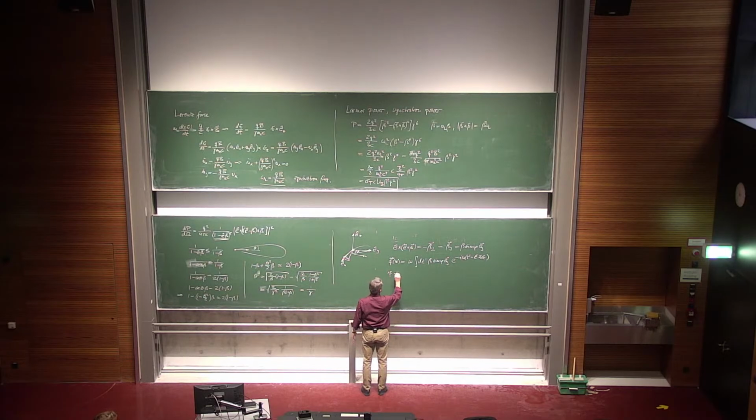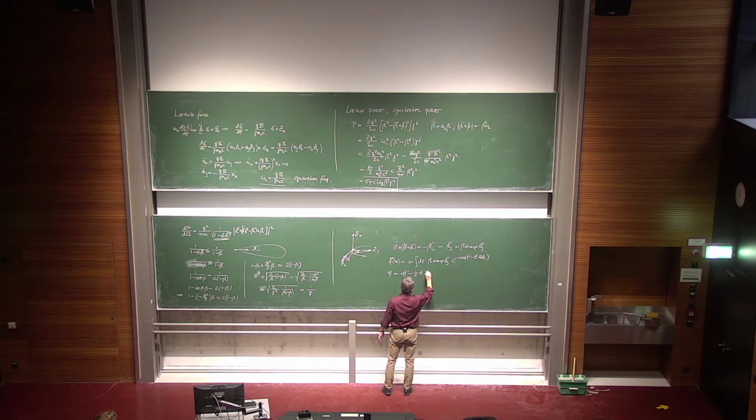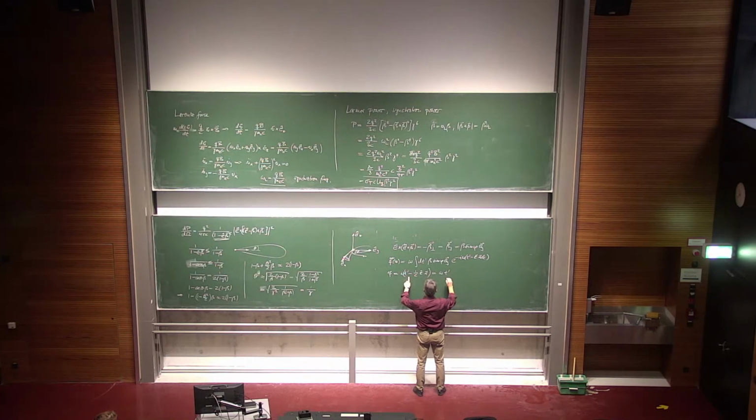So let's have a look at the Fourier phase psi. The Fourier phase psi is omega times t prime minus 1 over c e times x. So this is omega t prime minus 1 over c.